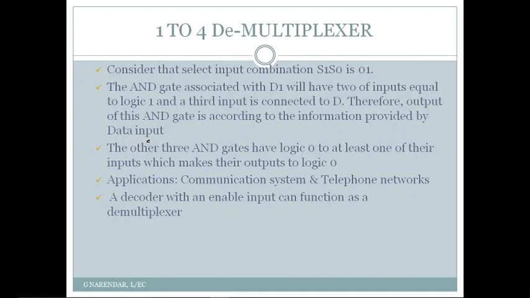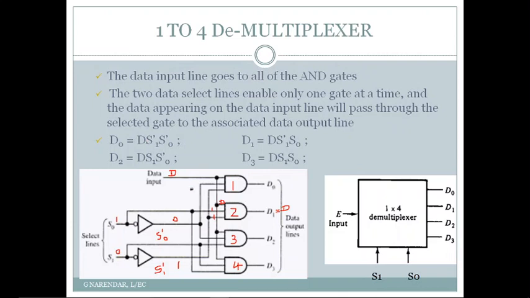The remaining AND gates have logic 0 as at least one of their inputs, which makes their output equal to 0.